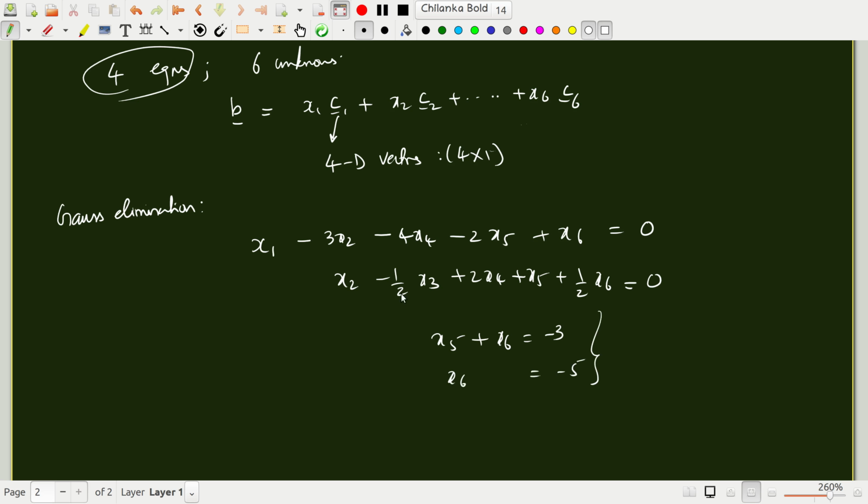These two are completely decoupled from the others because they can be solved independently. If I put x6 equal to minus 5 here, then x5 is equal to plus 2.